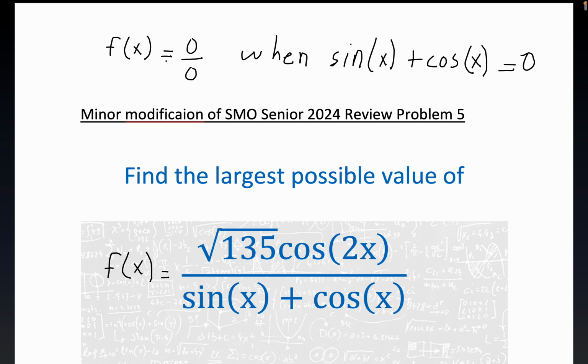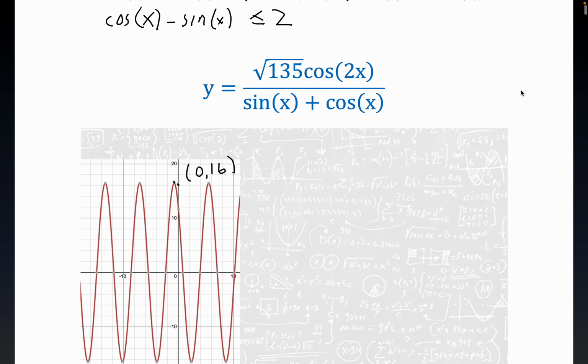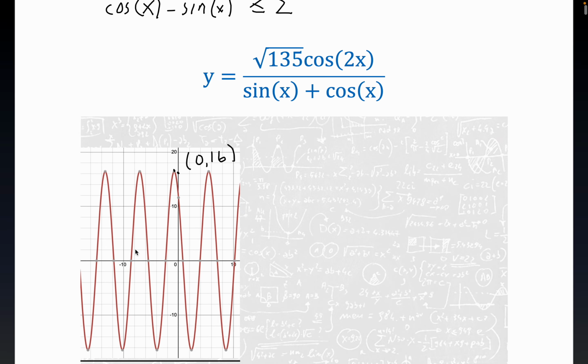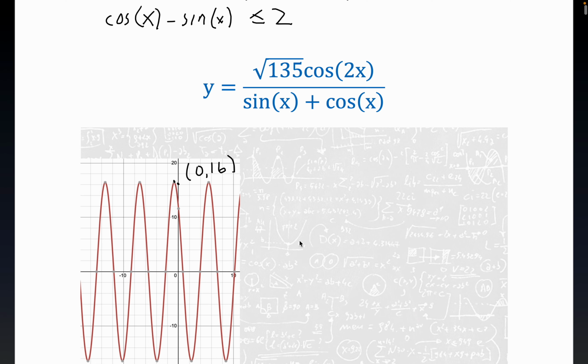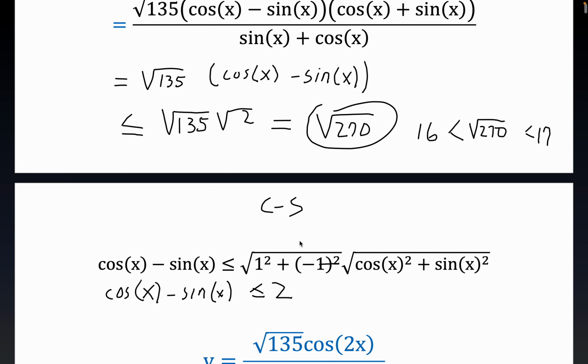And again, this is not formal notation. This is what it's equal to when this happens. And so it's undefined anytime sine x plus cosine x is equal to 0. But that doesn't prevent the graph from being, quote, smooth. You just have a bunch of holes in this graph somewhere that, who knows how to figure out when sine x plus cosine x is equal to 0. But in any event, we've finished the problem.